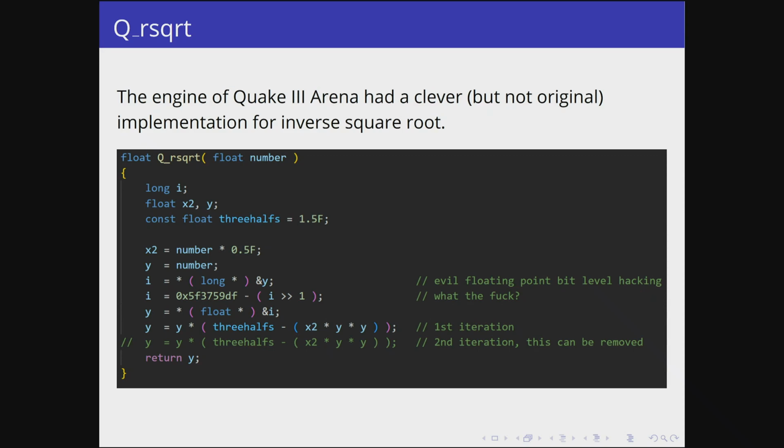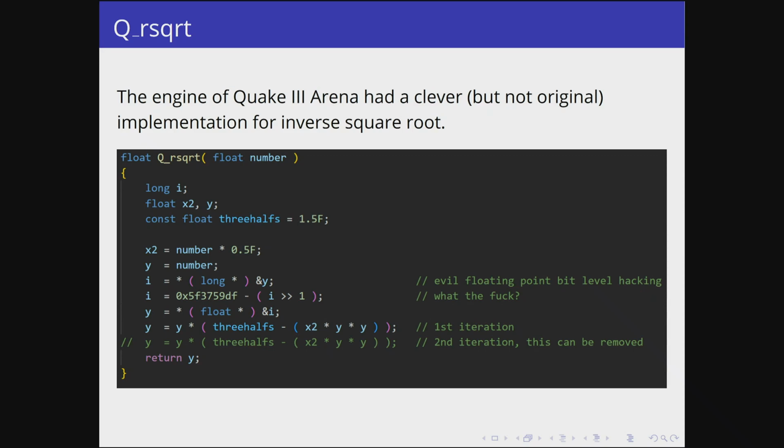Then they do some bit conversions from float to int. Very vague operations that the comment describes really well the first thought of everyone about this line. Then they turn the float back to the integer back to the float, do one computation that they plan to do twice, but it turned out that even one time is enough.